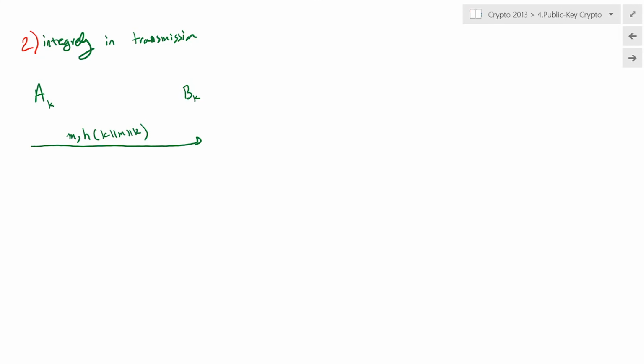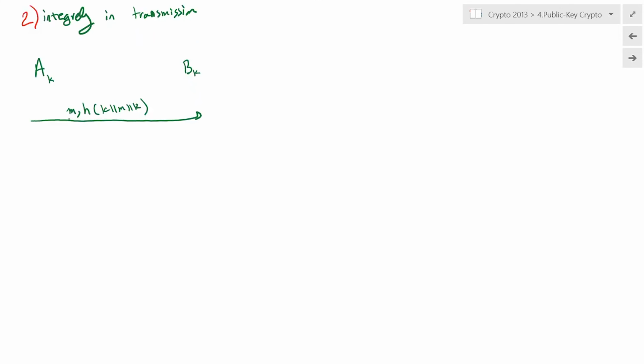So what is happening is that only these two parties, A and B, know this key K, and when they want to transfer this message M, they add the key to the beginning and end of that M, concatenate them together, and compute the hash function.